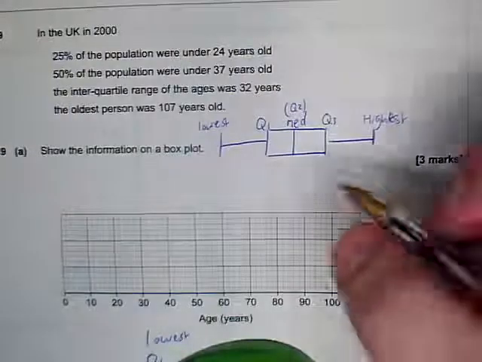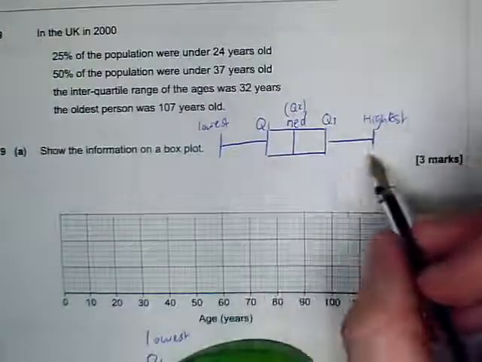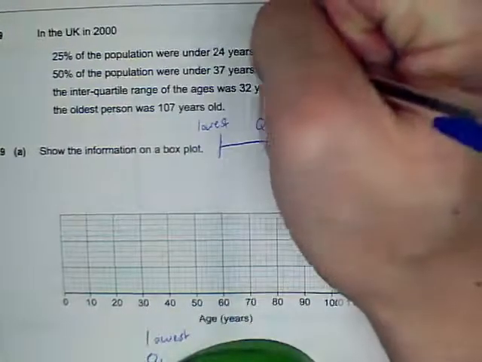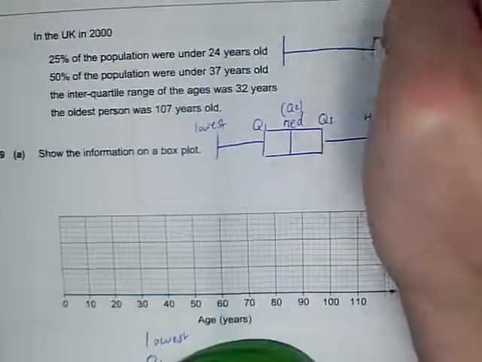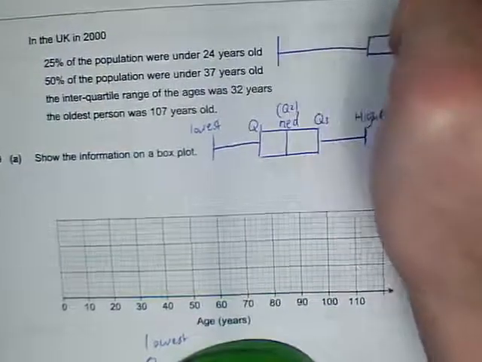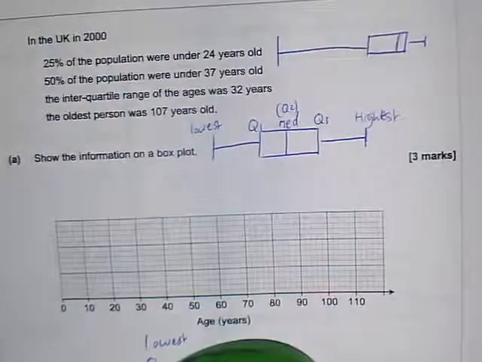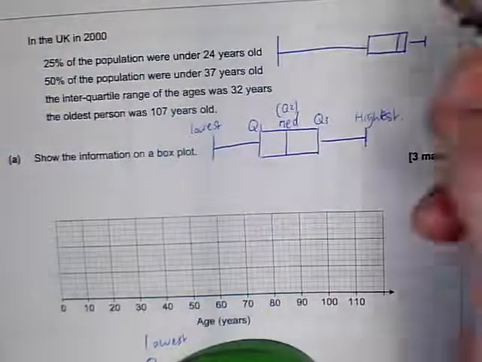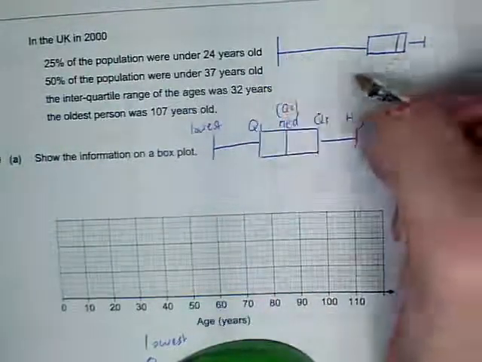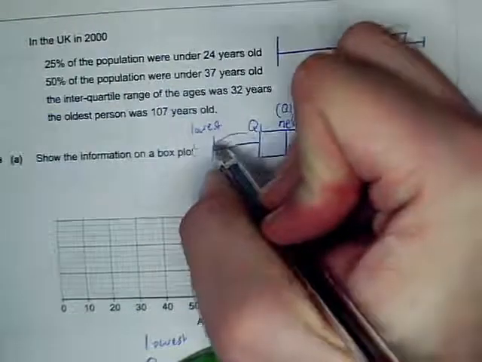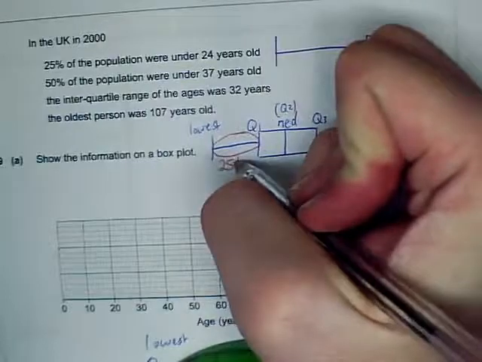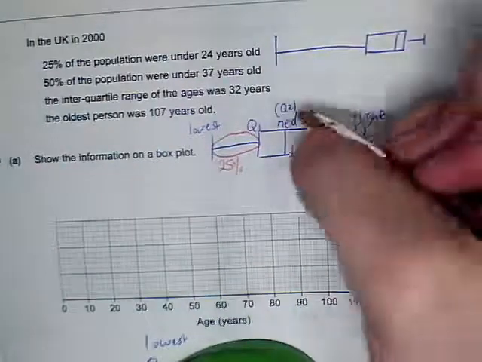Now, what we need to remember is that box plots can look quite different. So I could have a box plot that perhaps looks a bit like that. What is always the same, however, is the fact that this first section here is worth 25% of the data.